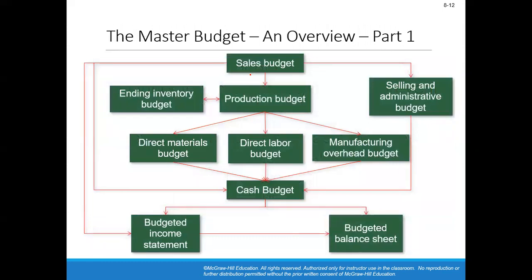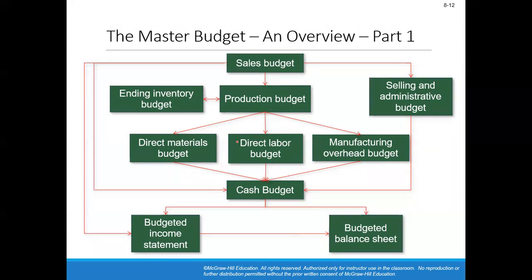So as I was saying in the introductory part, the master budget is not a single budget, it is a collection of budgets. It is a collection of separate budgets, but these budgets are interdependent.